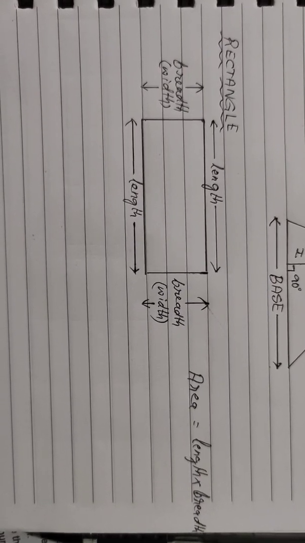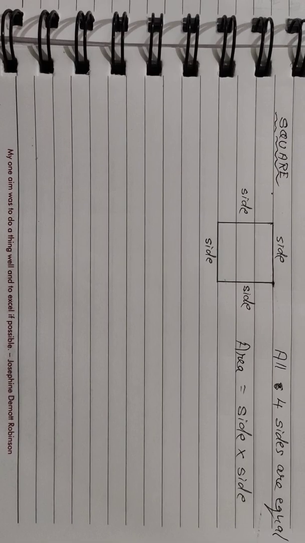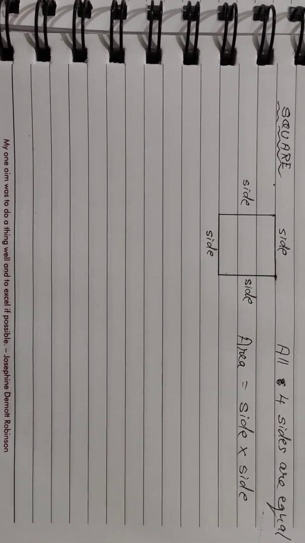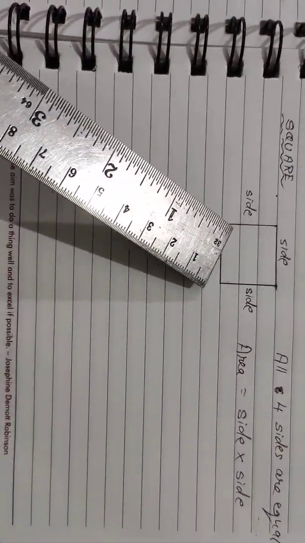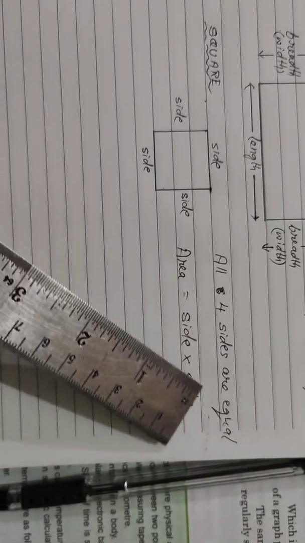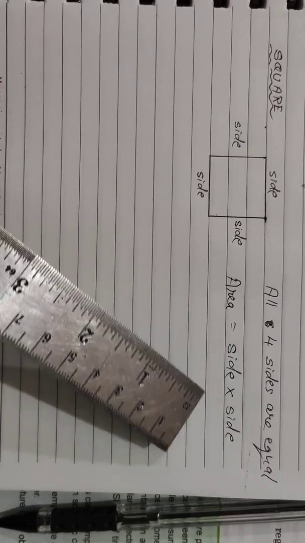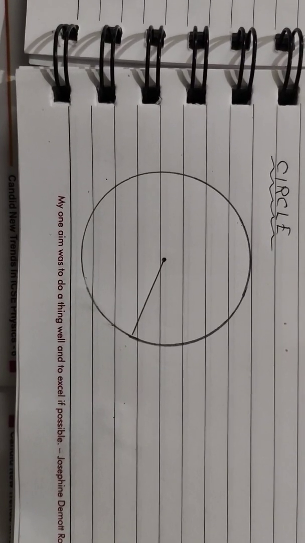Now next comes the square. A square is a closed figure consisting of 4 sides. All 4 sides are equal. You can see over here the 4 sides I have drawn, each equal to the other. The formula for finding the area of a square is side into side.